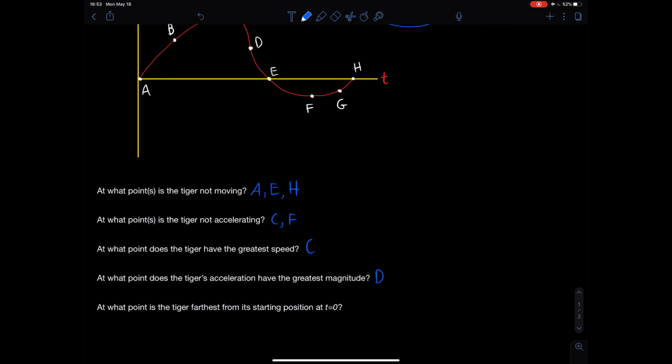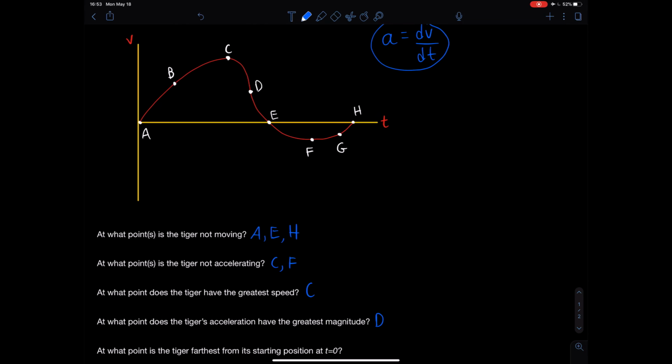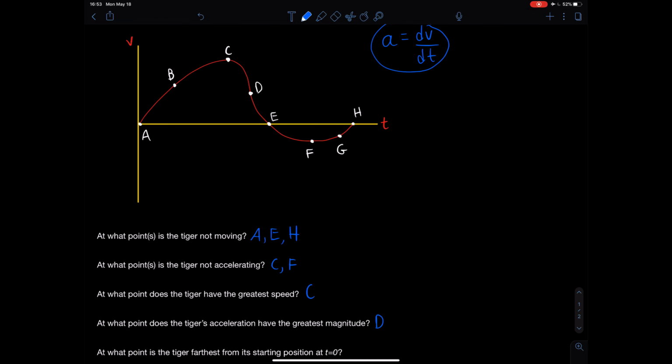Next question, and the last one, says at what point is the tiger farthest from its starting point at t equals 0? Again, your brain might just immediately say, oh, we're right there at C, but remember, this is a velocity graph, not a position graph. So we start here at 0, and anytime we're above the axis, this is all positive velocity.